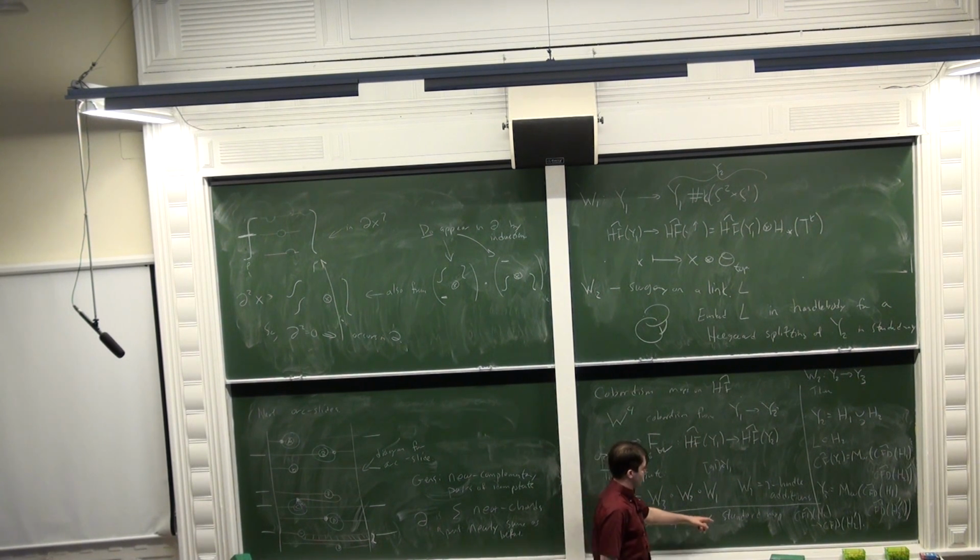The standard map is basically one of the maps that shows up in the surgery exact triangles. This is just a tensor product of maps for the surgery exact triangle.